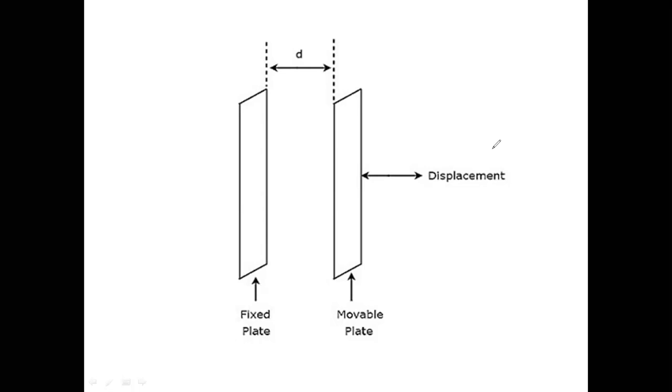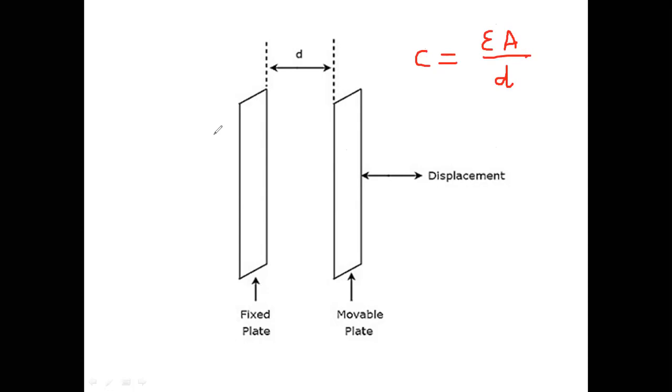Let us move on to the concepts now. For measurement of displacement, here I am telling you about capacitance: C equal to epsilon A by D. Capacitor transducers, we have already covered while discussing measurement of liquid level.